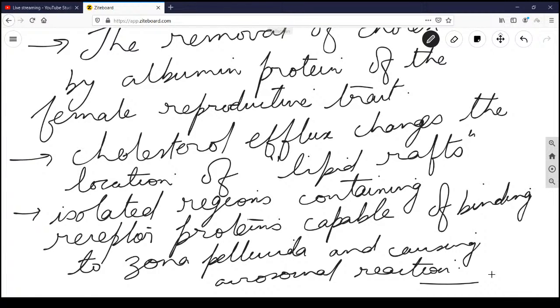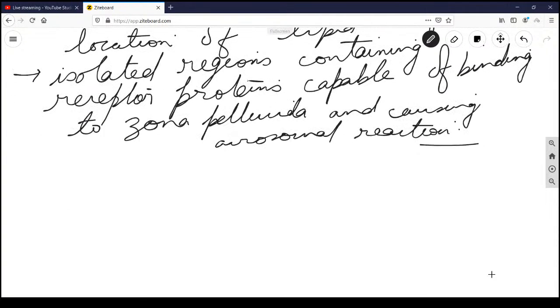So this is what the lipid raft will be doing.